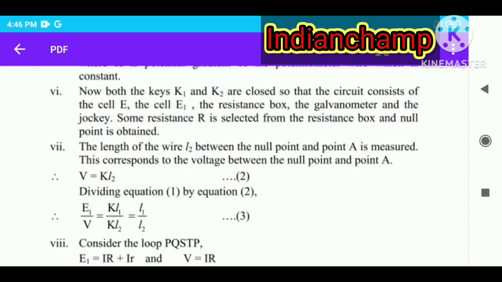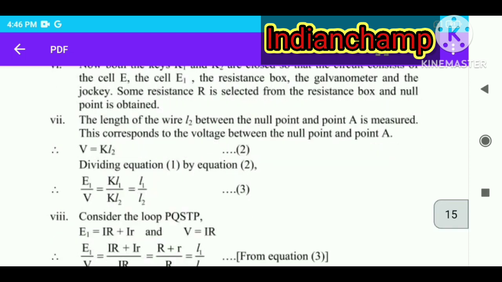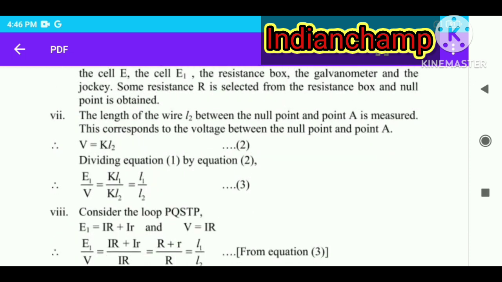Dividing equation first by equation second, E1 divided by V is equal to K L1 divided by K L2, which is equal to L1 divided by L2, equation third. Eighth, consider the loop PQSTP.